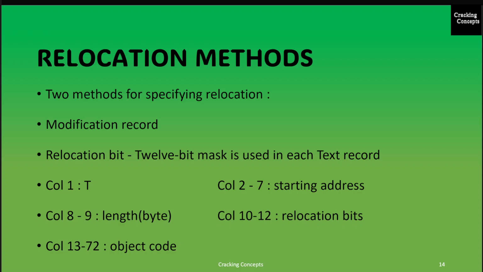Looking into the values each column will specify, it is similar to the normal text record format, except that we have additional information which stands for the relocation bit mask. The first column will stand for T, which denotes that it's a text record. Columns 2 to 7 will contain the starting address. Columns 8 to 9 will contain the length in bytes. Columns 10 to 12 will contain the relocation bits. Finally, columns 13 to 72 will contain the object code.